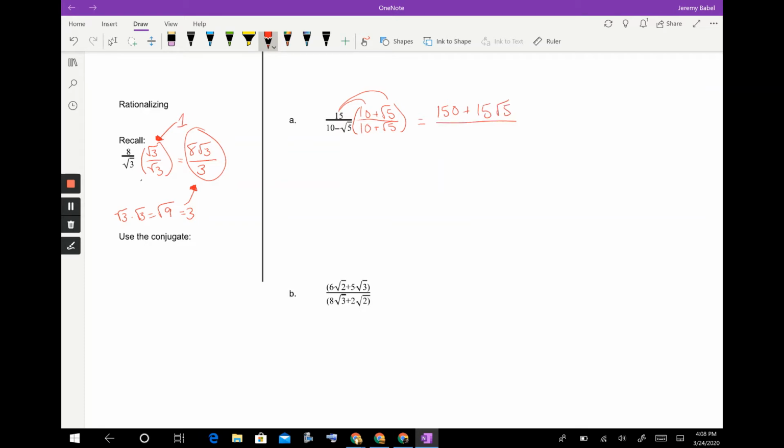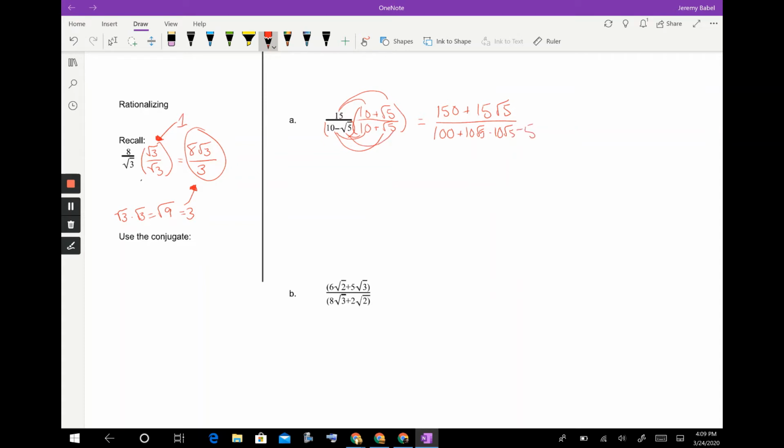The denominator, we'll make that a binomial like this. First times the first, 10 times 10 is 100. Outer, it's going to be plus 10 root 5. And then the inner is going to be minus 10 root 5. And the last is going to be minus root 5 times root 5, which is 5.